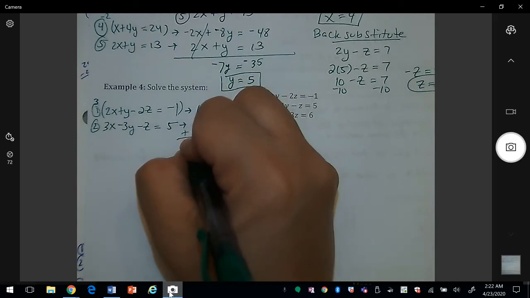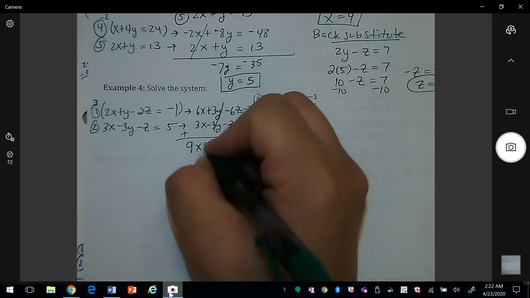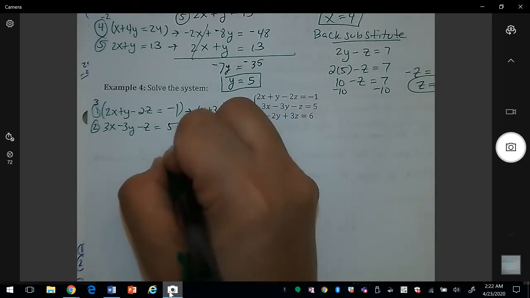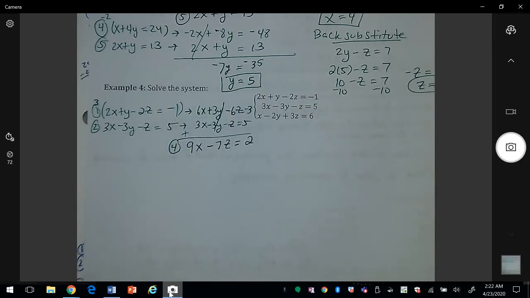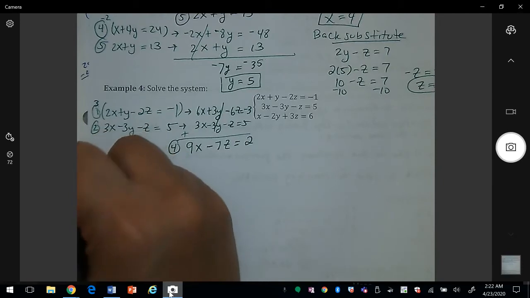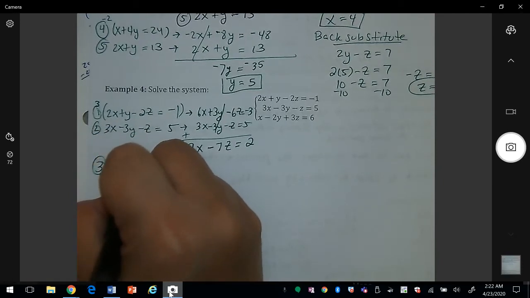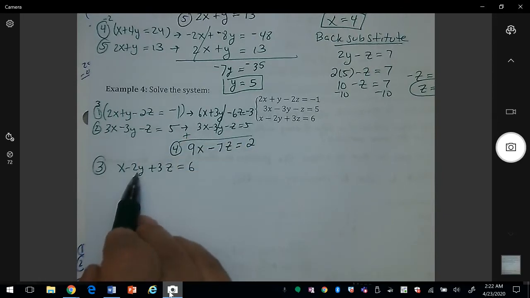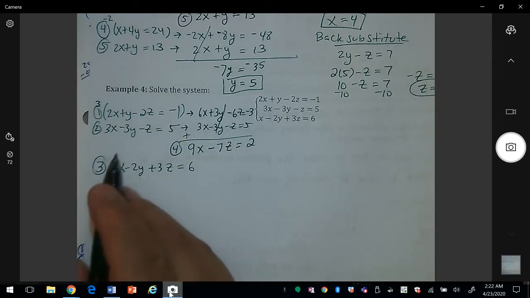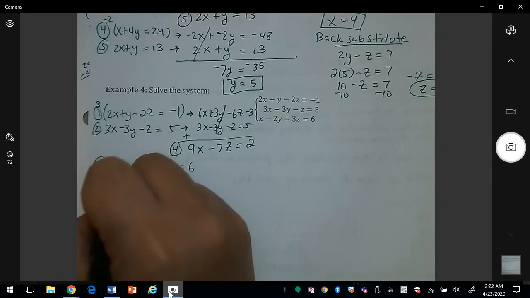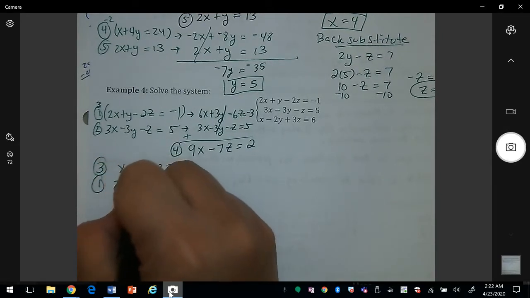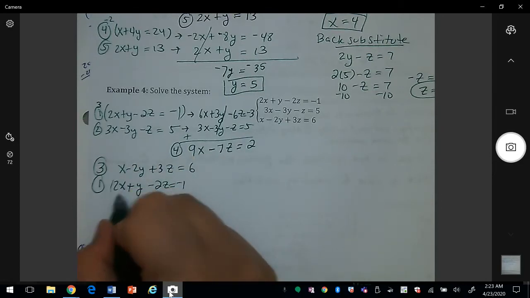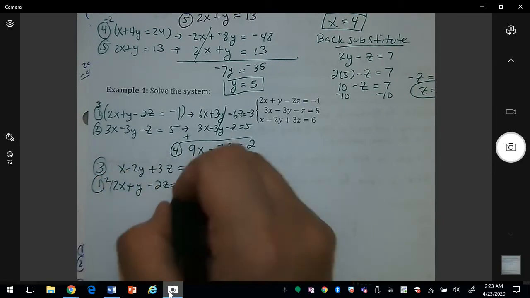6x plus 3x is 9x. The y's become 0 minus 7z is equal to 2. So that's my equation number 4. Now I'm going to use equation number 3. And I'm trying to get rid of the y's again. So I'm going to use equation 1. And I want this to be a positive 2y, so I'm going to multiply by 2.